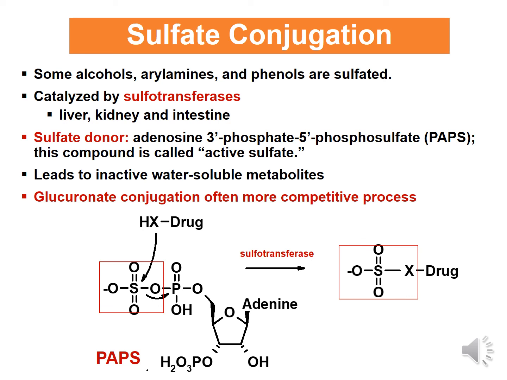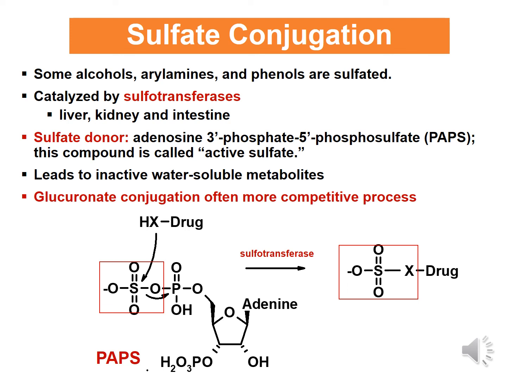Sulfate conjugation occurs in liver, kidney, and intestine. Substrates for sulfate conjugation are alcohols, arylamines, and phenols. Sulfate conjugation is catalyzed by sulfotransferases.